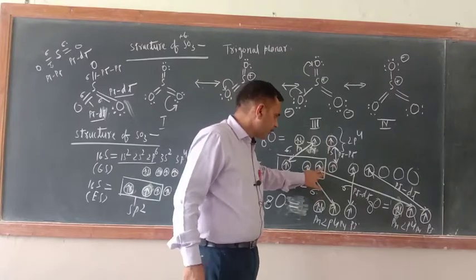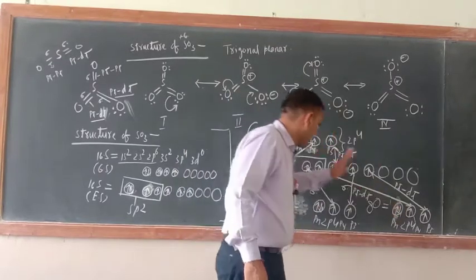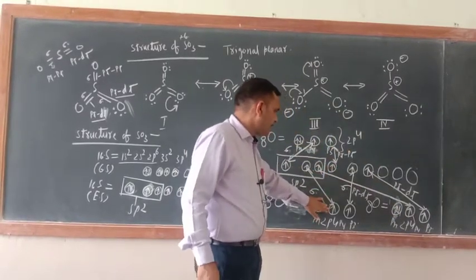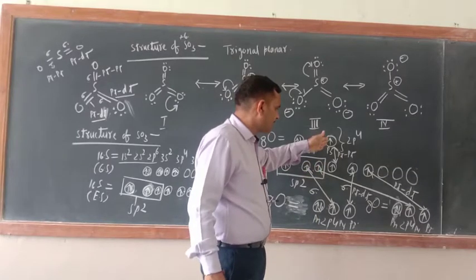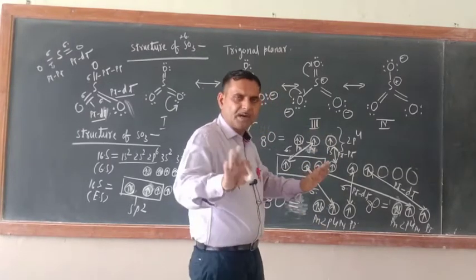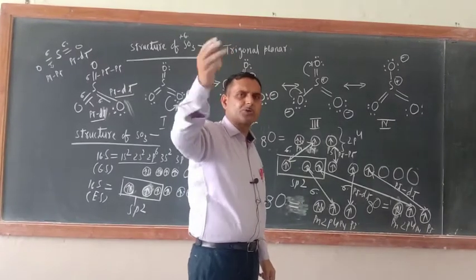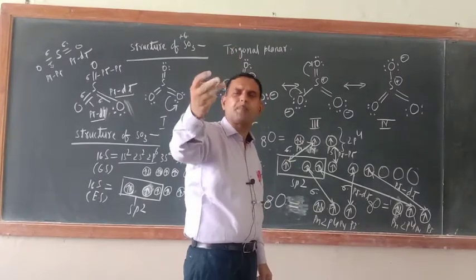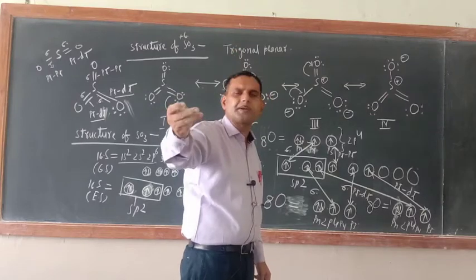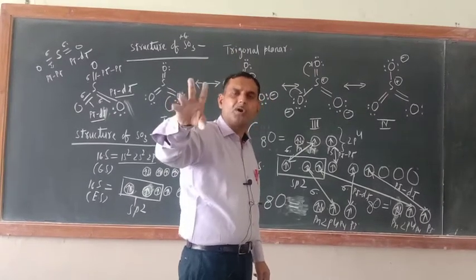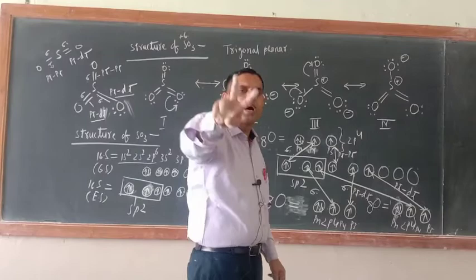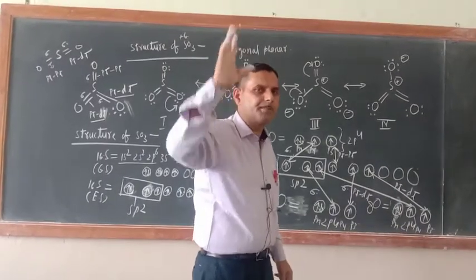It doesn't mean that you should overlap this one with this one only, you can overlap with this one, no problem at all. I don't have any problem. But the overall structure should be the same. Means in SO3, 3 sigma bonds should be there, 3 pi bonds should be there. Out of 3 pi bonds, one is P pi, another 2 are P pi D pi bonds.